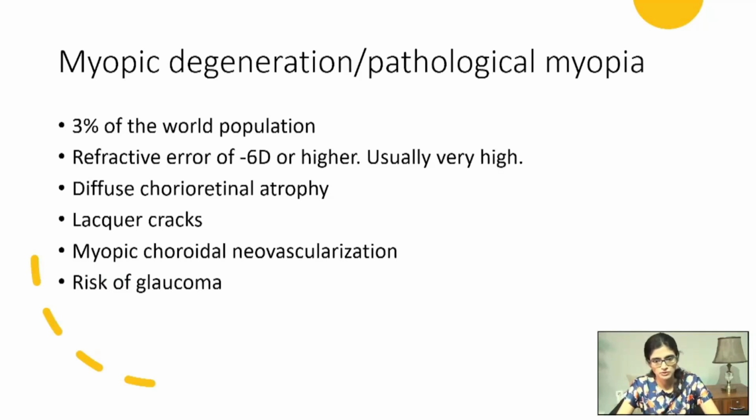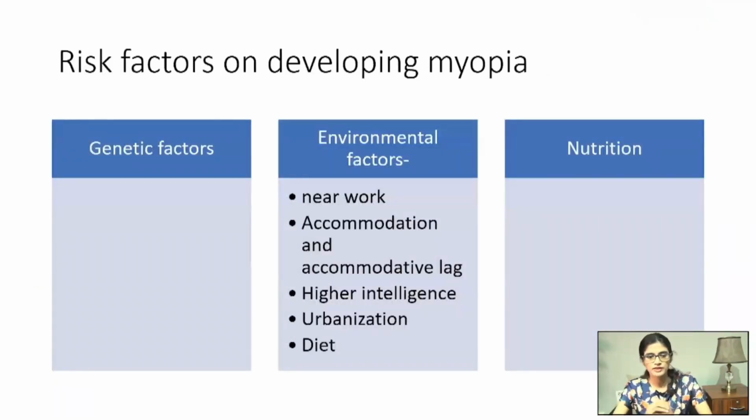So even though you correct the refractive error with concave lenses, they still may not achieve 6/6 vision because of these retinal issues. So what are the risk factors of developing myopia?